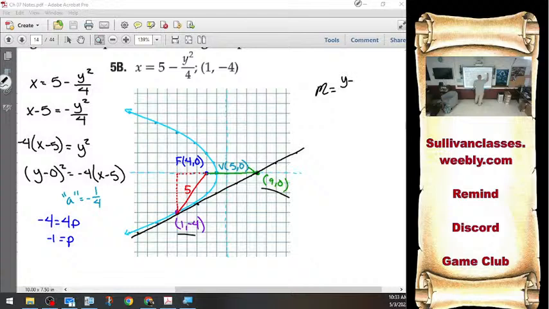Slope is y2 minus y1 over x2 minus x1. Or count boxes since it's graphed out. 0 minus negative 4 is 4. 9 minus 1 is 8. 4 over 8 is a slope of 1/2.